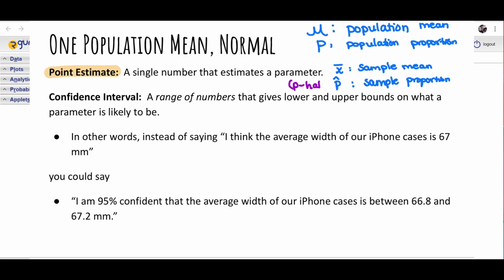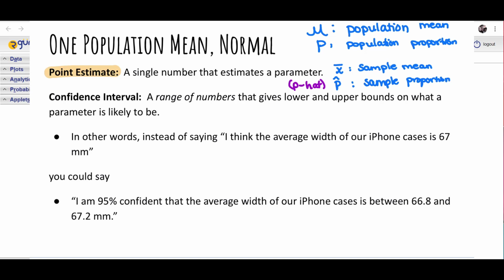That is read P hat. So X with the line on top is called X bar, and P with the caret on top is P hat. X bar is sample mean. P hat is sample proportion. Both are point estimates that are single numbers that estimate a parameter.